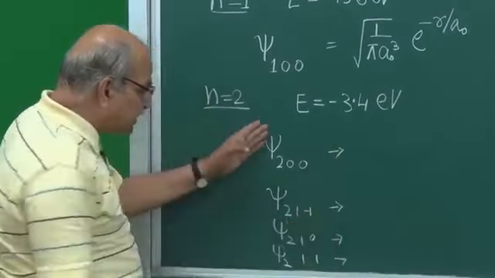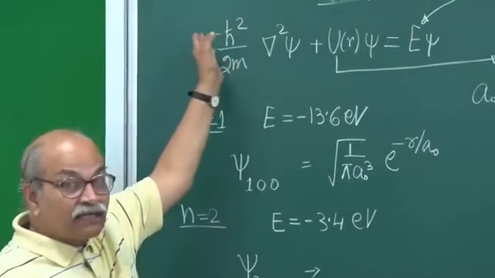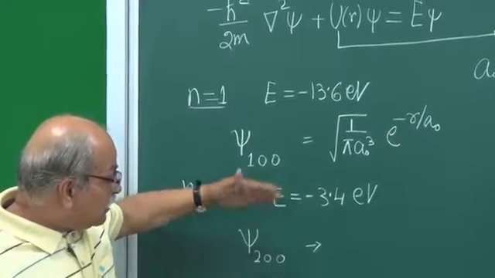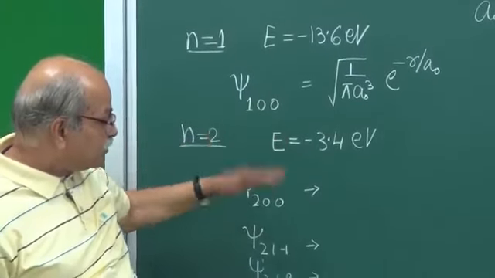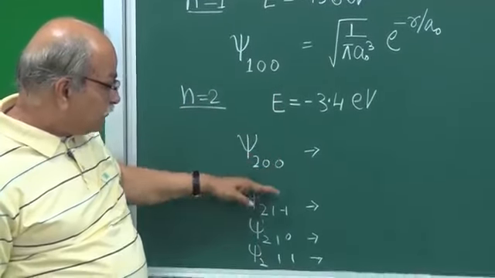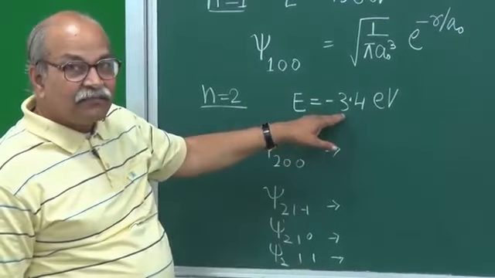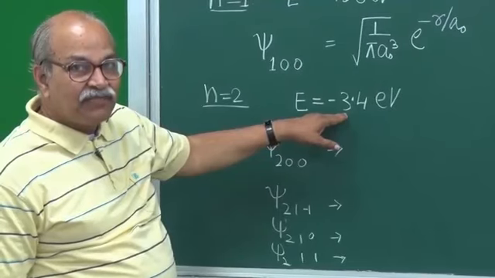There are 4 different functional forms, and with the same energy minus 3.4 eV here, they are solutions of this equation. So we have 4 allowed functional forms, independent of each other, all corresponding to the same energy minus 3.4 eV.